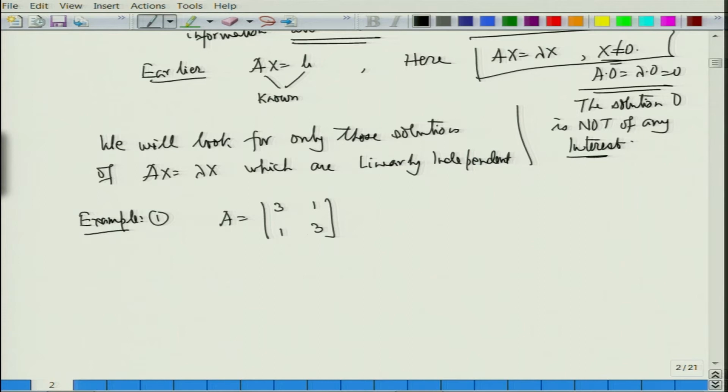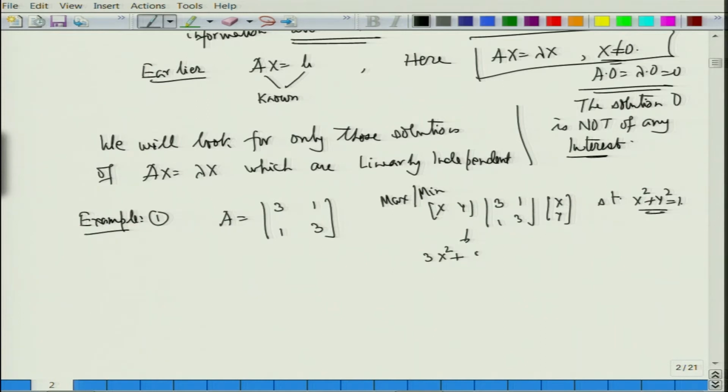So, as usual I want to maximize or minimize (x y) [3 1; 1 3] (x y)ᵀ, subject to x² + y² = 1. This is nothing but 3x² + 2xy + 3y².